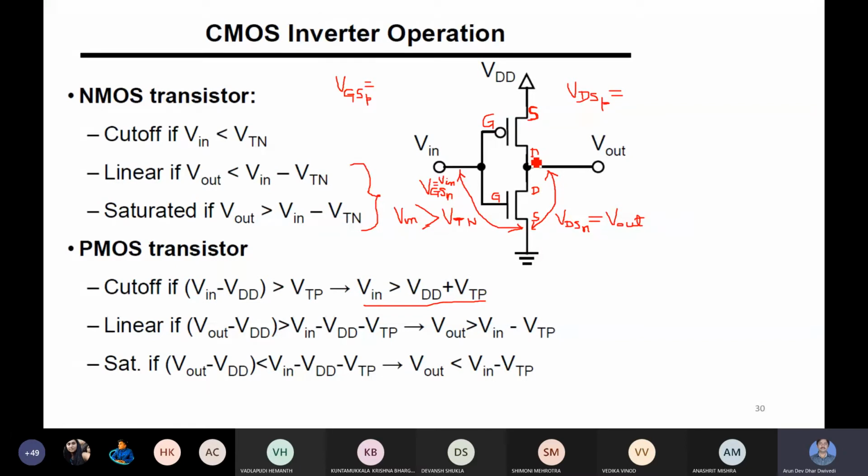At the drain, what is the voltage at this node? You are talking about the potential difference between drain and source. So VDSP will be decided by V out minus VDD, because at the source it is having VDD, not ground. If it were grounded, then only the voltage appearing here would matter, but here you have to write V out minus VDD.